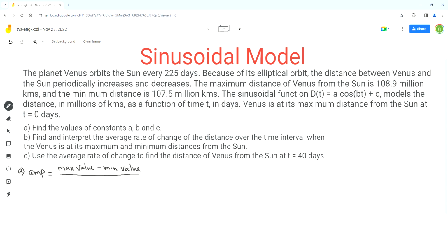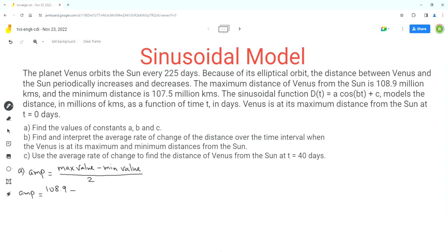over 2. Now as per the problem, the maximum distance is 108.9 million kilometers. So amplitude equals 108.9. Since the unit of distance is millions of kilometers, we do not have to change 108.9 million kilometers to 108.9 times 10 to the power 6 kilometers.